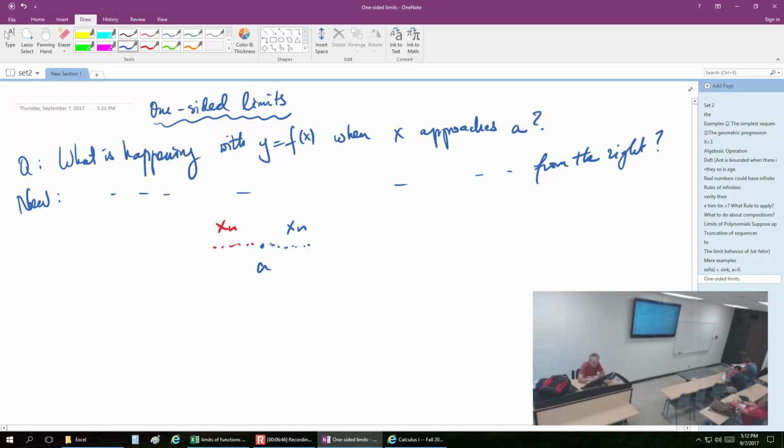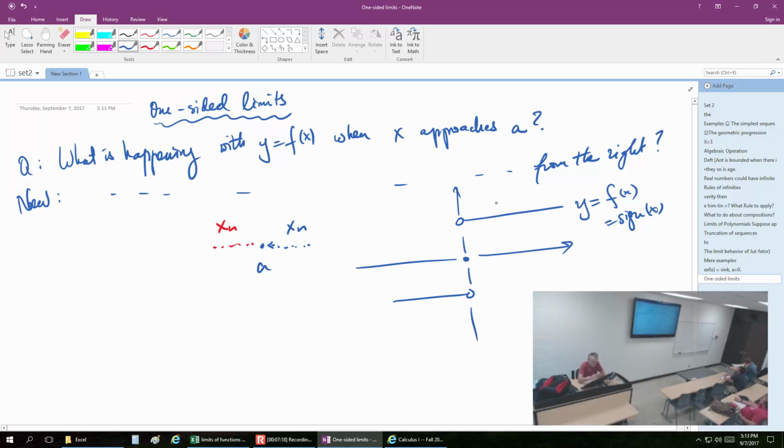Okay, but sometimes functions are defined on half of the line. Let me go back to the sine function, sine x. So this is my graph.